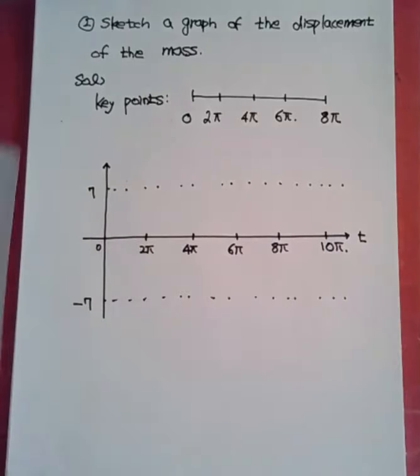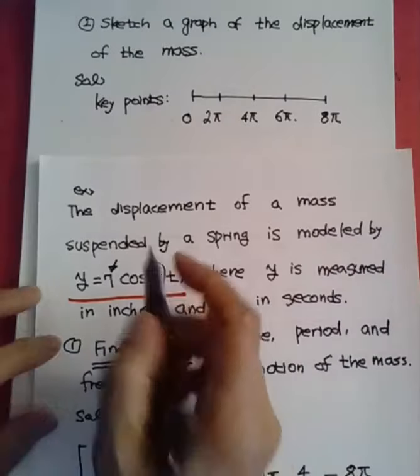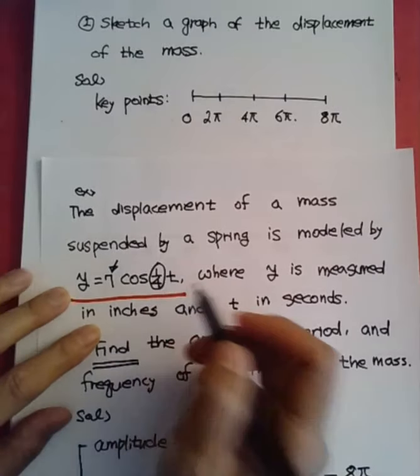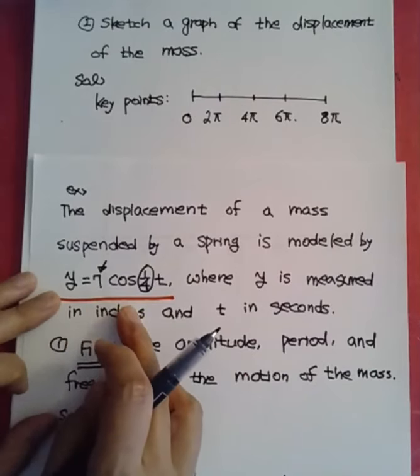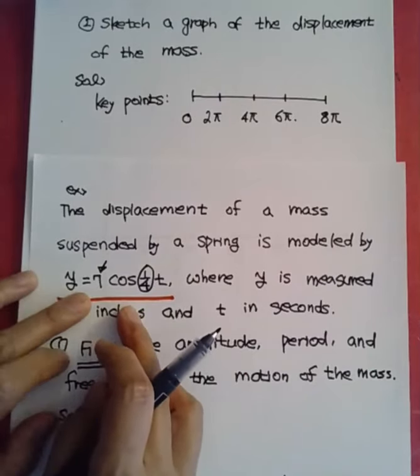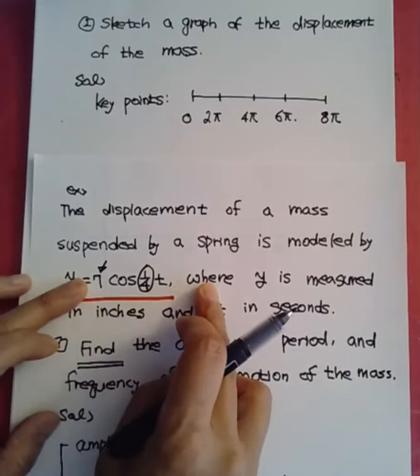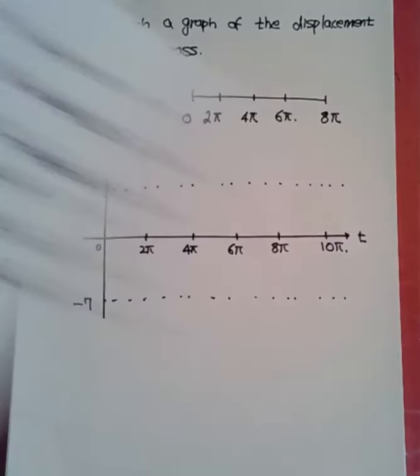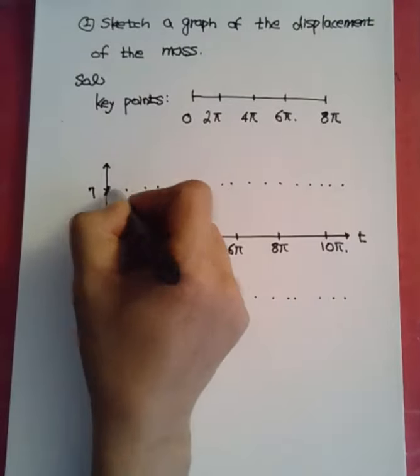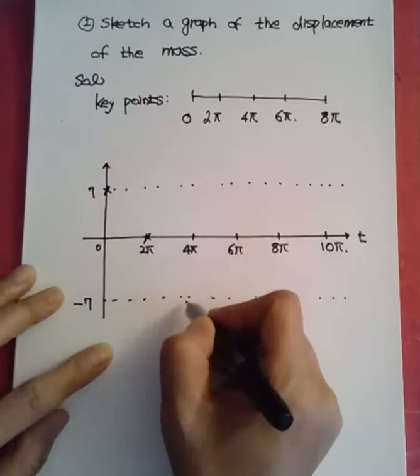This time we are talking about this cosine. What we have to observe is there is no vertical or horizontal reflection because there is no minus sign. So it'll follow the typical graph of cosine. It'll start at the maximum and then go down and up.